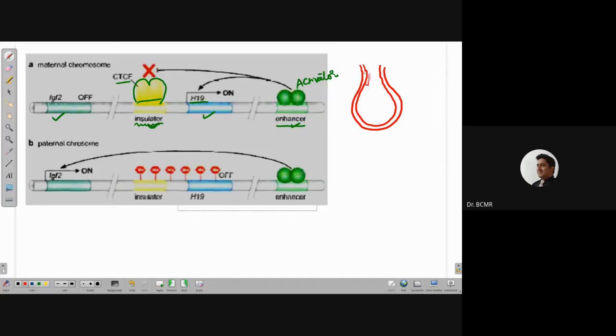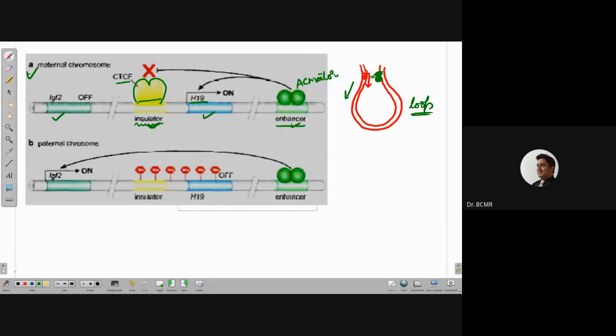So usually this is the promoter region, and the activators shown here will interact with this, and then the transcription of this is enhanced. Okay, so in this case, as you're seeing here, this DNA should have looped. This is a loop that should have formed. Only then can the activator interact with the promoter elements.